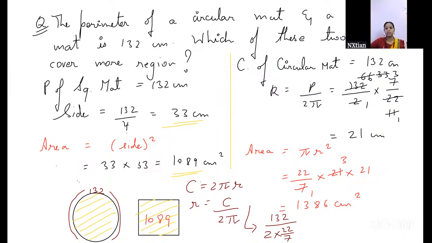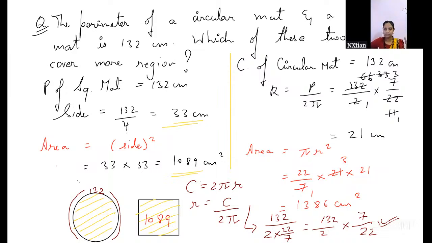But this 22 by 7, I wanted to take separately so it can be cancelled, so I could cross cancel the values. When we take a fraction separately, we take its reciprocal. So it became 132 by 2 into 7 by 22.